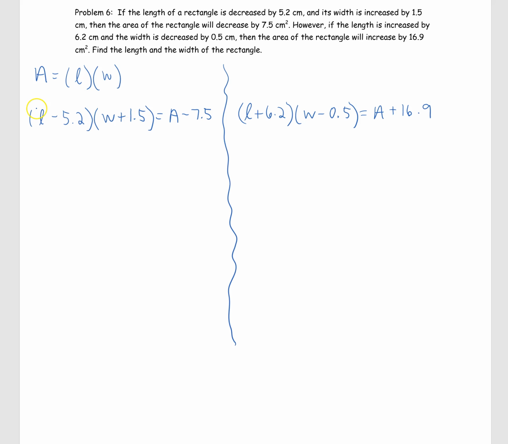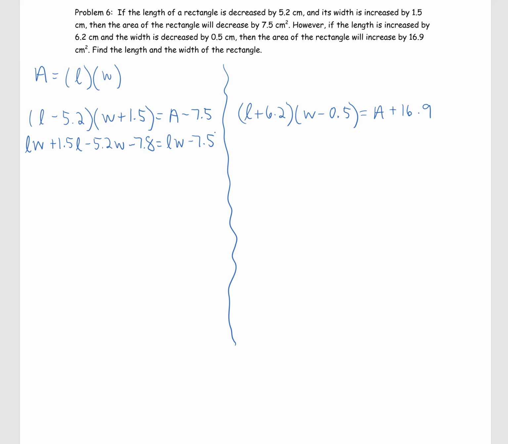So on the left side here, this gives me L times W, L times 1.5, so that's plus 1.5 L, negative 5.2 times W, it's negative 5.2 W, negative 5.2 times 1.5 is negative 7.8. And for the area, I'm plugging in L times W, and I have this negative 7.5 out here.